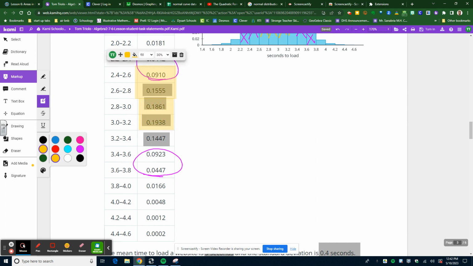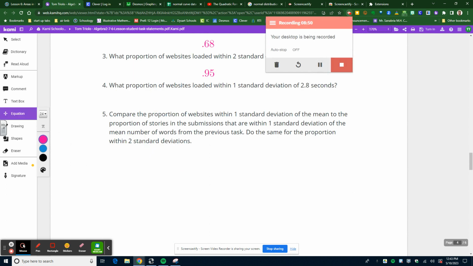Okay. So add those 4 numbers. So 0.0910, 0.1555, 0.1861, 0.1938. Add those up. And that will be your answer for the next one. Add those all up.